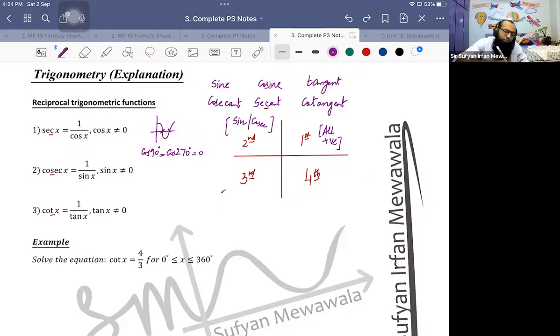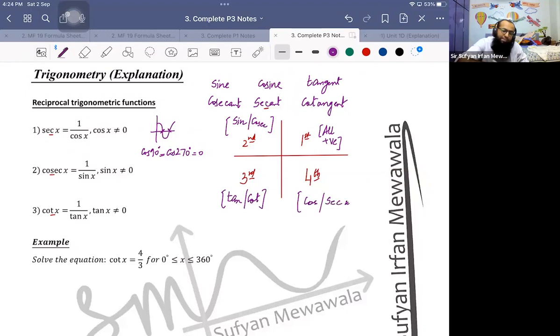In the third quadrant, we know that tan is positive, and along with that, cot will also be positive. And in the fourth quadrant, which will be positive? In the fourth quadrant, we know that cos is positive, so its reciprocal sec x will also be positive.